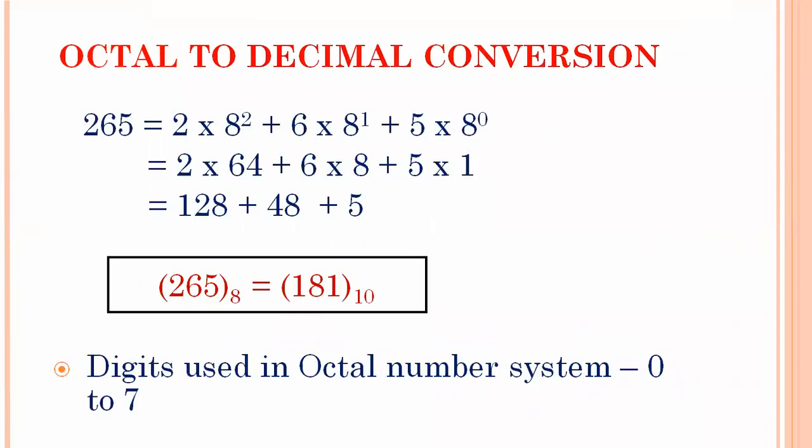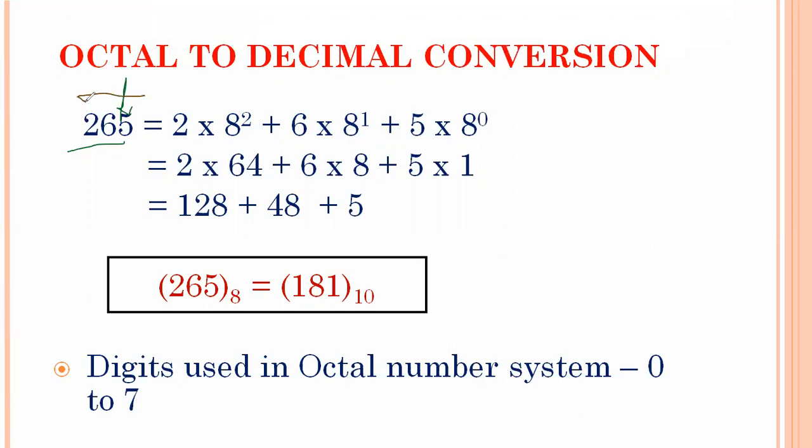Next, the conversion of octal to decimal numbers. The method is the same, but the base has changed because we are converting an octal number to a decimal number. Let's see how it will happen. 265 is the given octal number, and similarly we go from right to left.